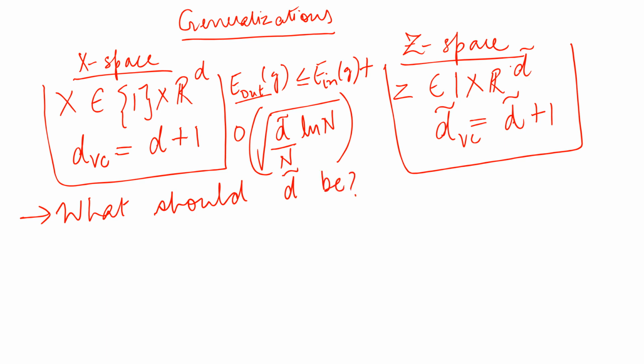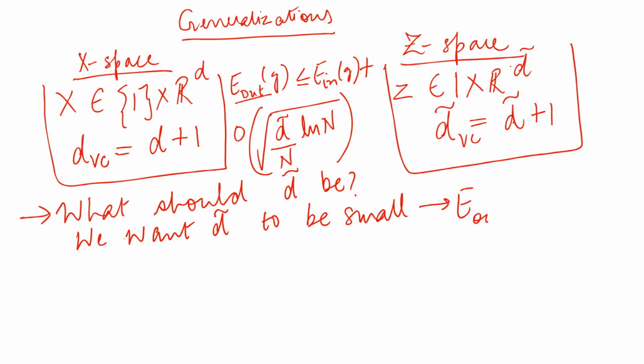Obviously we want this D tilde to be small, because then it gives a better, tighter relationship between E out and E in. This implies that my E out is going to be very close to my E in.